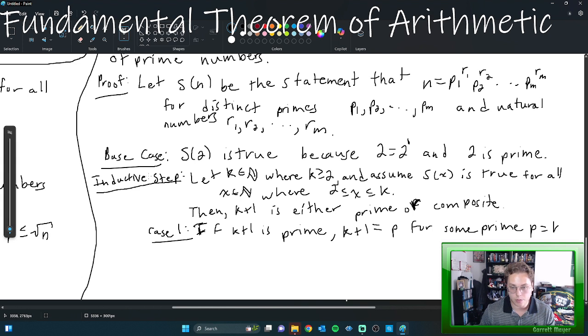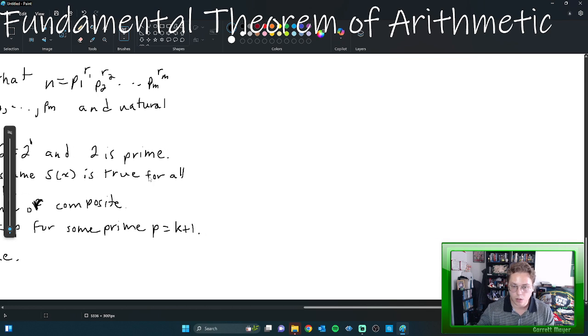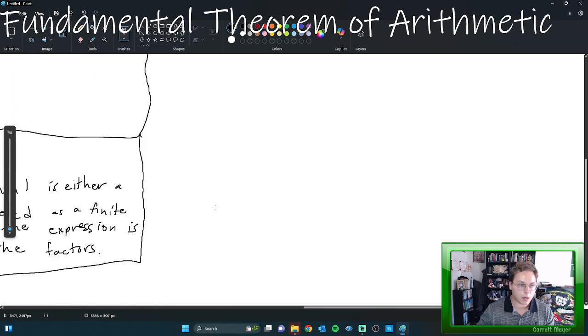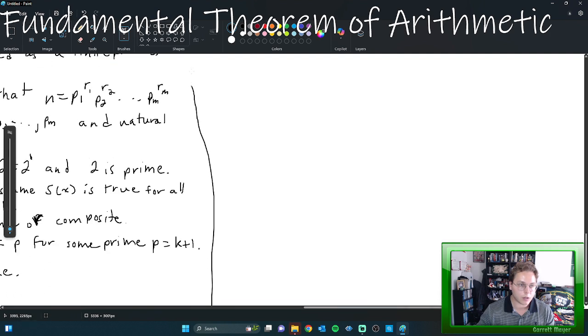P equals k plus 1, because k plus 1 is prime. Hence, S of k plus 1 is true.